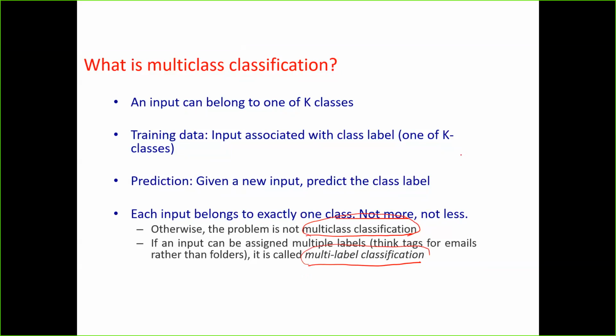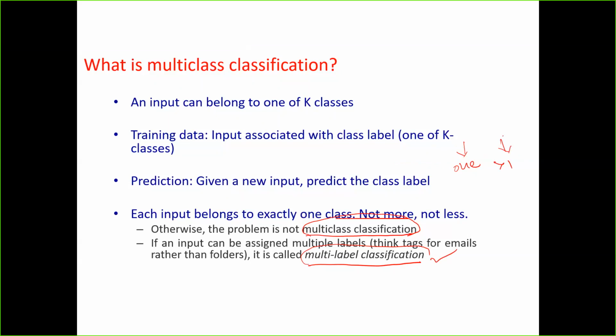So if you are only interested in predicting one output variable, we call it single-target classification. Depending on whether there are two classes or more than two classes, it is either a binary classification problem or a multi-class classification problem. If there is more than one target variable or output variable, we call it a multi-label classification problem.